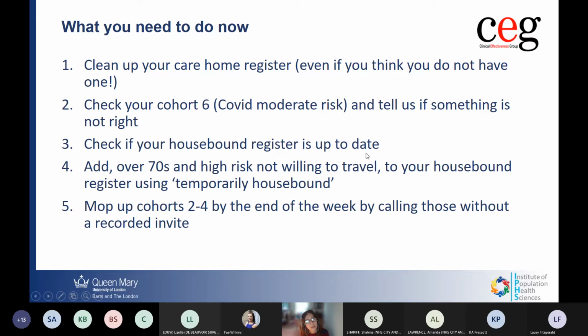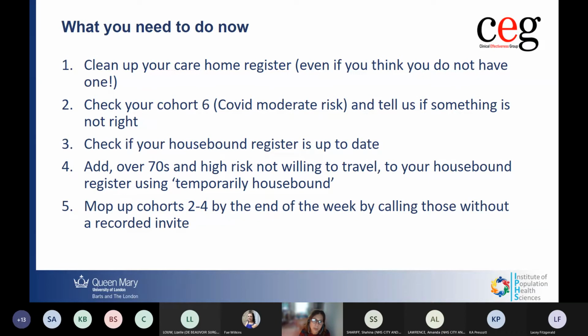This, I think, is particularly an issue to City and Hackney because, again, a couple of practices contacted me to say the housebound figures didn't relate to the housebound figures they had. When I asked them what they were looking at, they said they were looking at their proactive care home visiting register. But we are not pulling up the code proactive care on the proactive care home visiting register.